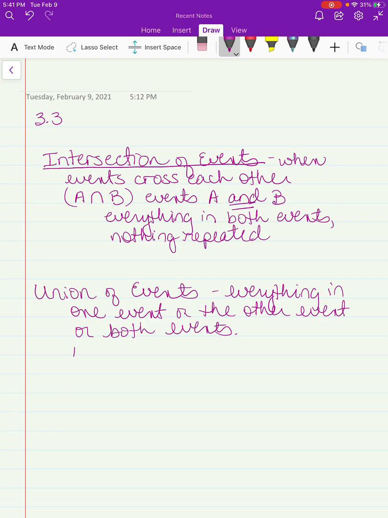We use an actual U for union. And this would be events A or B. So the key word for intersection is and. The key word for union is or.